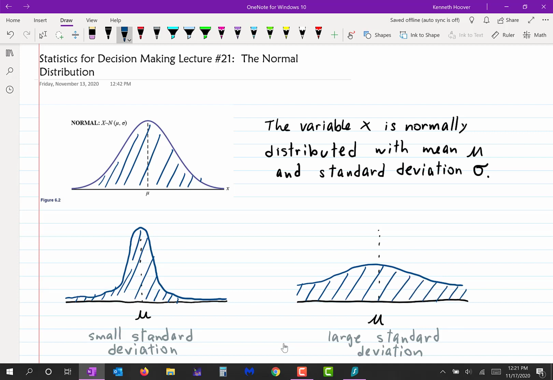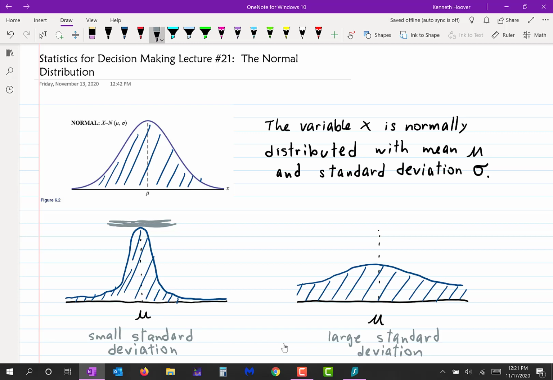The area underneath the curve is always 1. So if the standard deviation is small, then the bell curve is very narrow, but also notice that it's a lot higher in the middle. Because if the bell is very narrow, then it has to go a lot higher in order to fit an area of 1 underneath the bell.